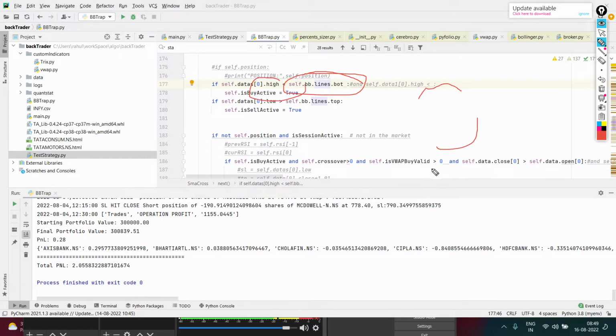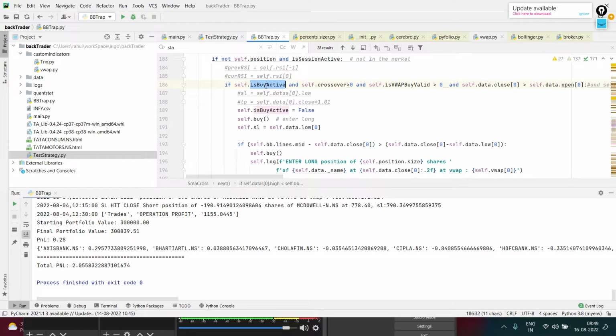If the candle's high is below the bottom line, or the candle's low is greater than the top line, then again this is your Bollinger Band and the candle is something like this, so definitely your low will be greater than the top line. Once this happens, the signal is triggered.